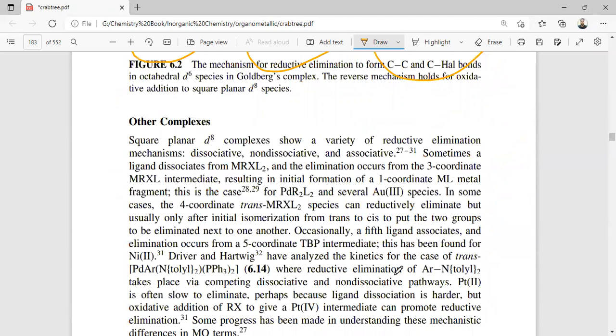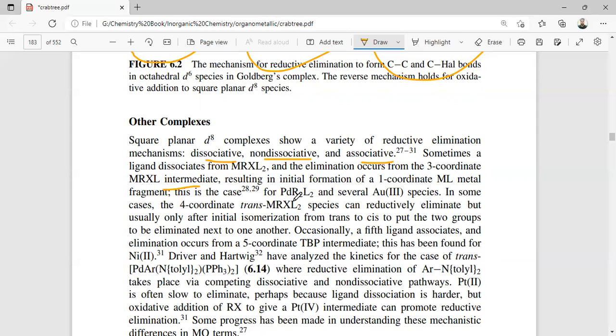For other complexes such as d8 complexes, there is a variety of reductive elimination mechanisms: dissociative, non-dissociative, and associative. Sometimes the ligand dissociates from MRLX2, and the elimination occurs from the 3-coordinated MRLX intermediate, resulting in initial formation of an uncoordinated ML metal fragment.